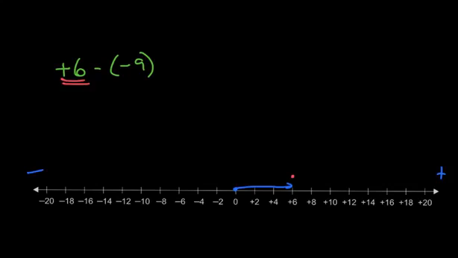And so at first I think I want to go in this direction, but it turns out I'm subtracting a negative. So I'm going left, but then I have to do the opposite because I'm subtracting a negative, which is just like going positive. So really, instead of going in that direction, I'm going to go, as in the first example, in this direction. So my final answer is going to be +15.